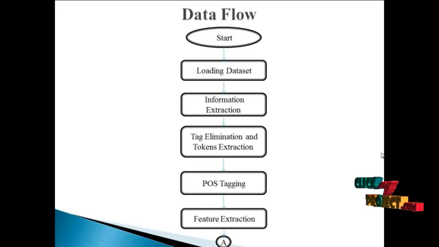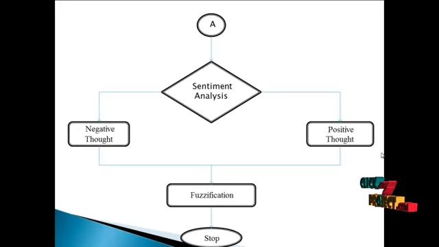From that we extract features, which is a continuous process. Then it goes to sentiment analysis, which is divided into two thoughts, negative thought and positive thought. The negative thought says about the reviewer's bad comments and bad thoughts.